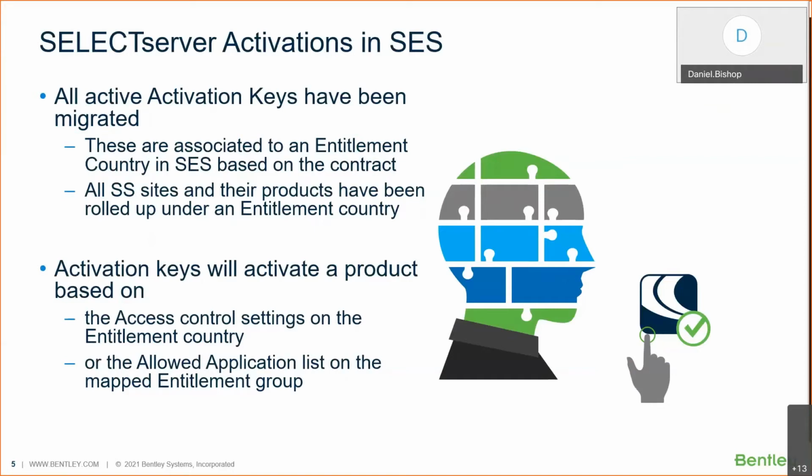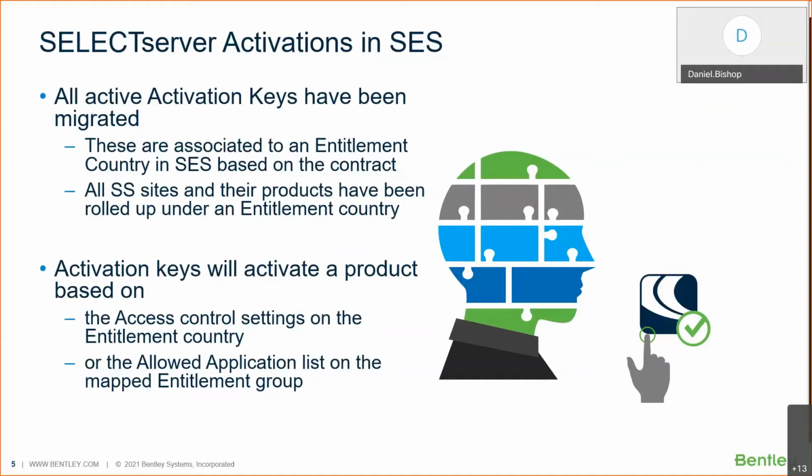All sites within SelectServer have been rolled up into an entitlement country, and that includes all of the products that were within that site. So you will find that while you might have had several different sites with different lists of products, if they roll up under the same country, those lists have been collated together within SES.